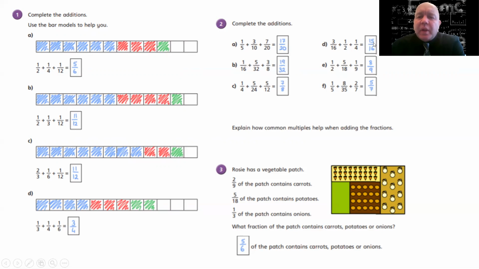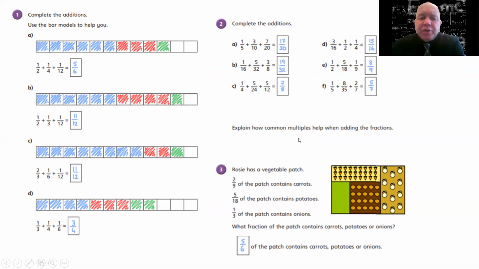For D, 15 over 16. E, if we turn them into 18ths, we're going to wind up with 16 over 18, which simplifies down to 8 over 9. And for F, we're going to turn them into 35ths, which is 25 over 35, which simplifies down to 5 over 7.